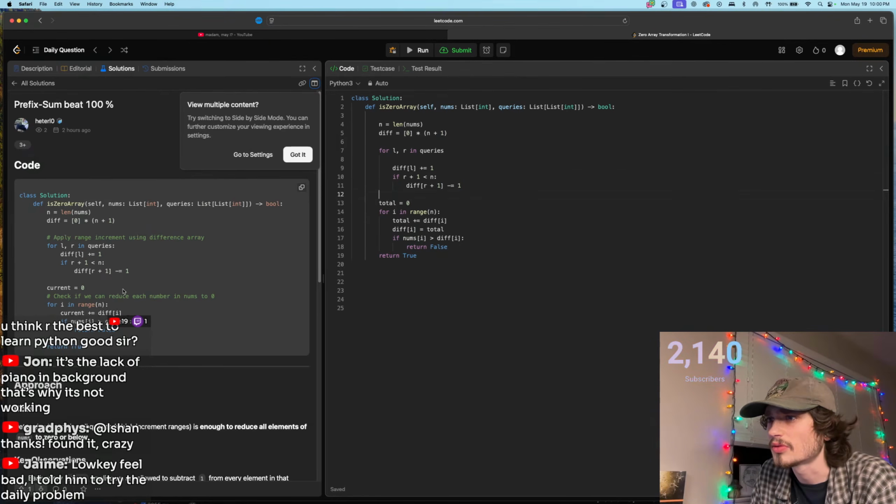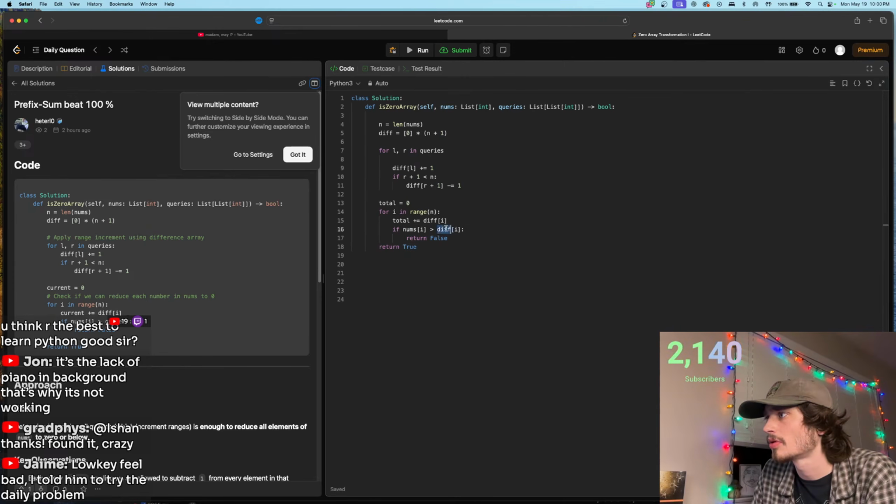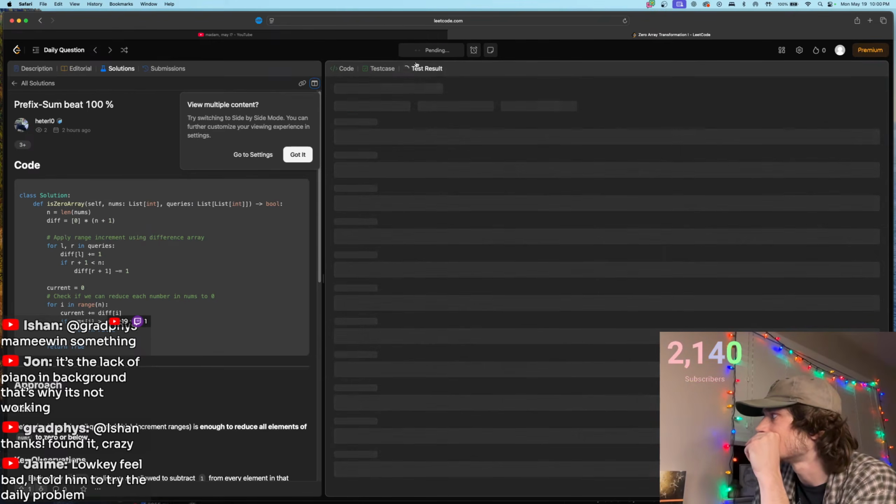You say total 0 for I in the range of n, current. If nums index I is greater than current total, return false.